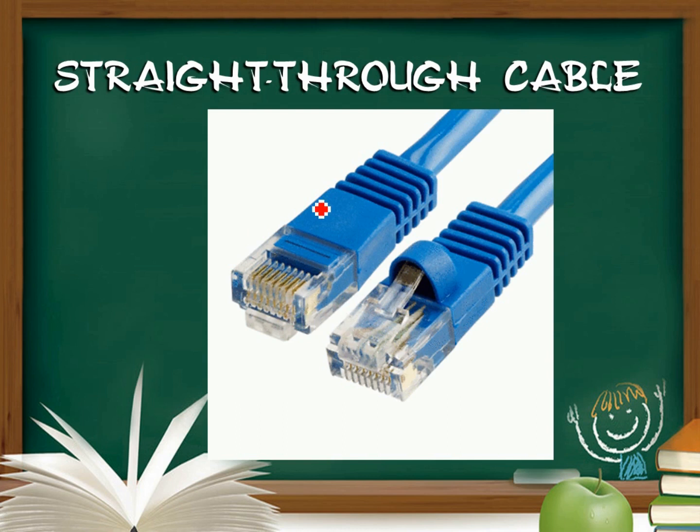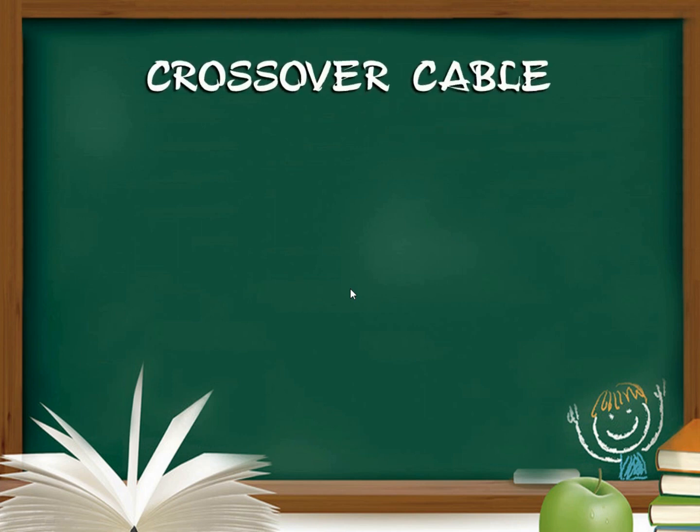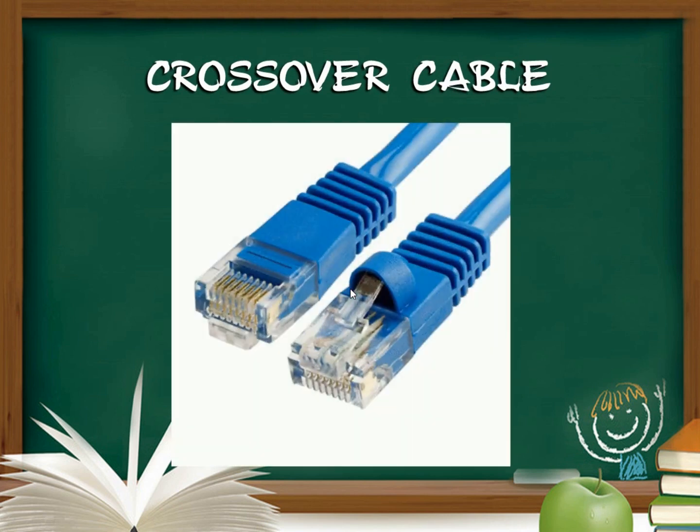I know this is not a strange cable to us. They are all cables we are familiar with. The next one is the crossover cable, sorry. The crossover cable also looks like this, so you can know the difference as I said earlier.